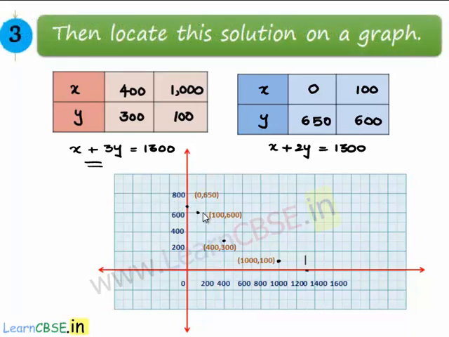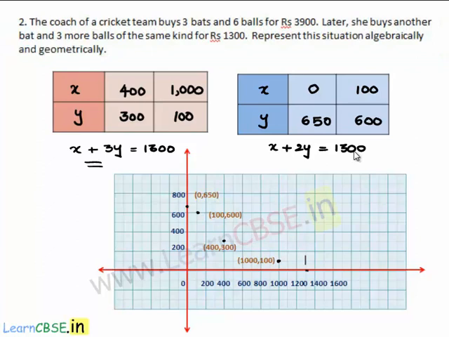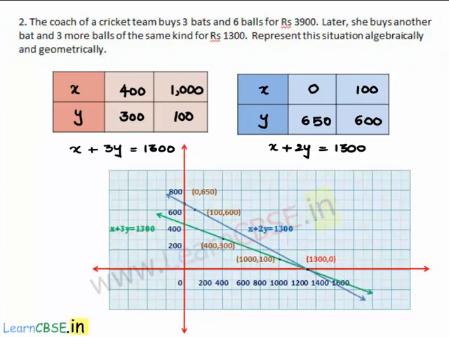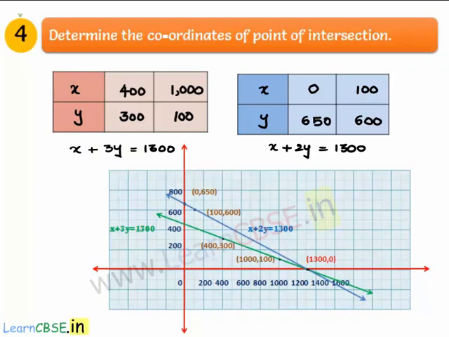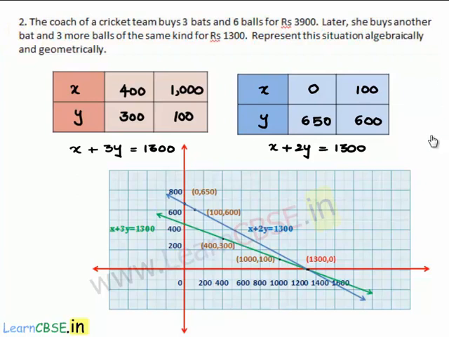Let us join these 2 points in order to obtain the straight line of the equation x plus 2y is equal to 1300. Now after joining the points, we get the straight line x plus 2y is equal to 1300 and x plus 3y is equal to 1300 here.